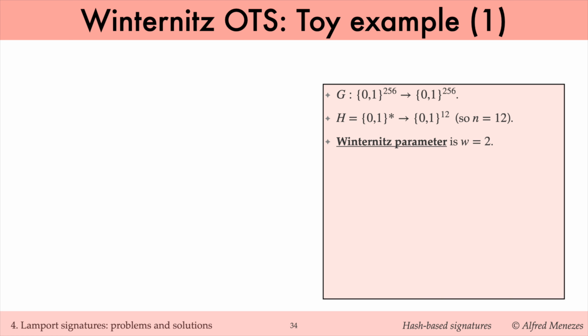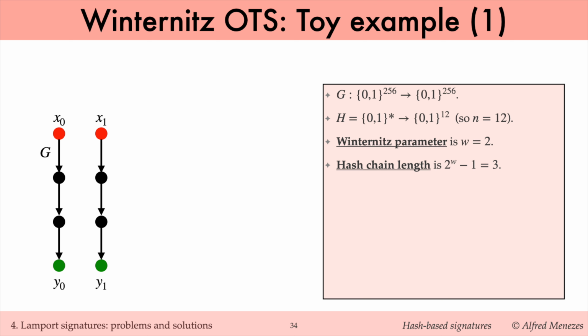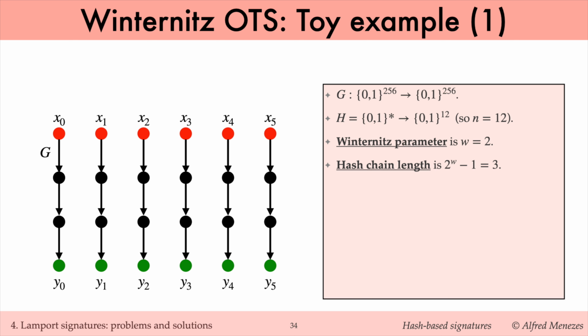To generate a key pair, Alice first selects a random n-bit string x0 and applies G to x0 3 times in succession. She does this 3 times because 2 to the power w minus 1 is 3. So she forms this hash chain of length 3 starting at x0. She repeats this process to get a total of 6 such hash chains.